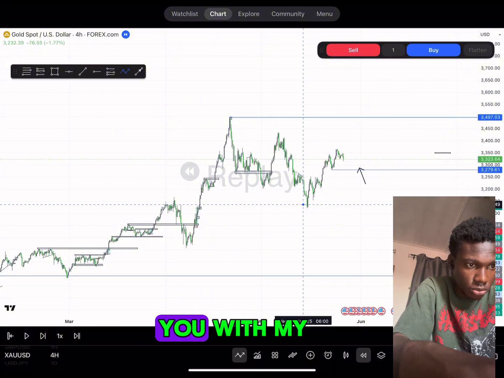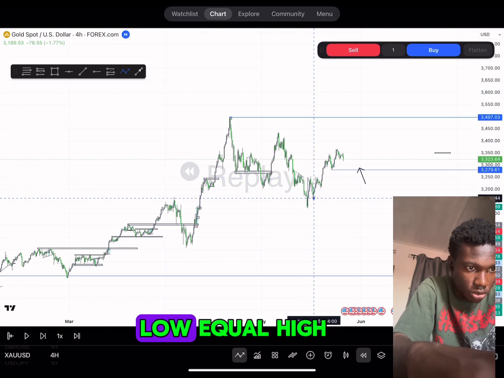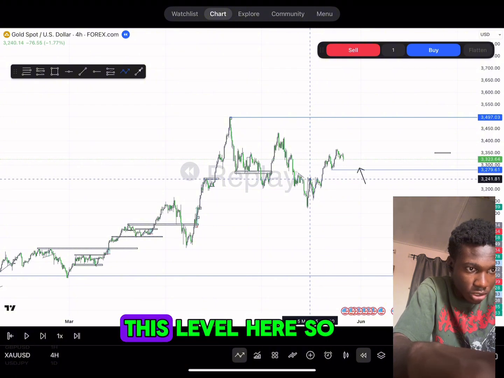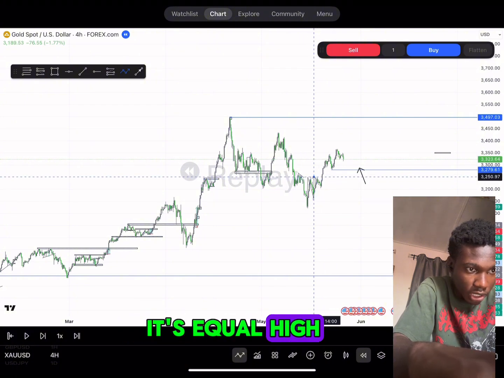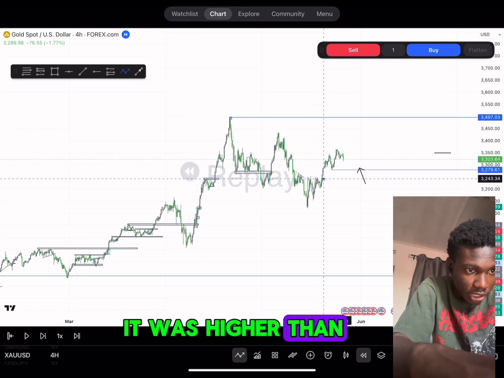Let me show you with my marking: higher high, higher low, equal high, because it did not break past this level here. So it's equal high, then higher low, because it was higher than this one.